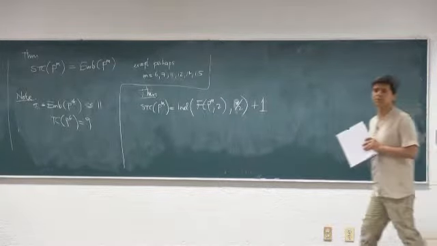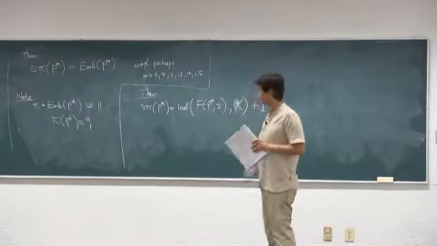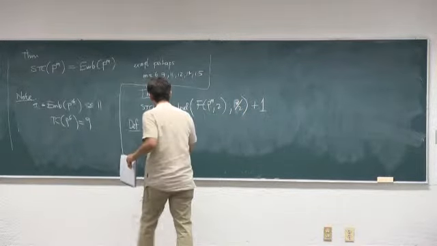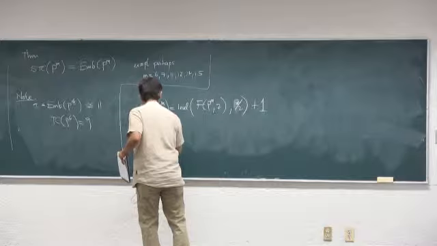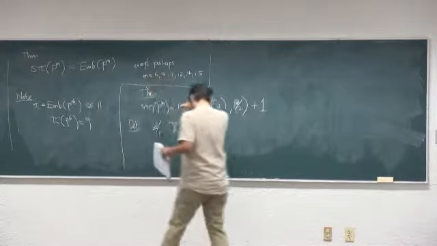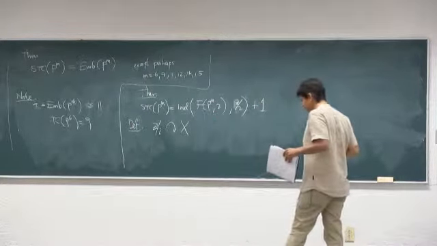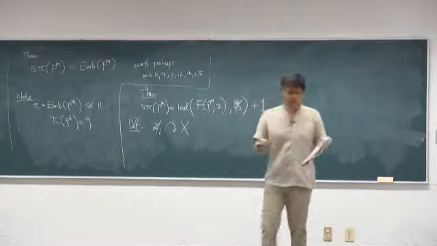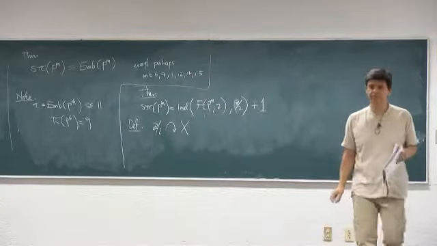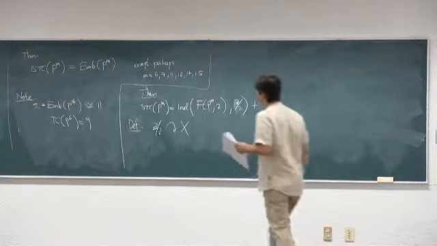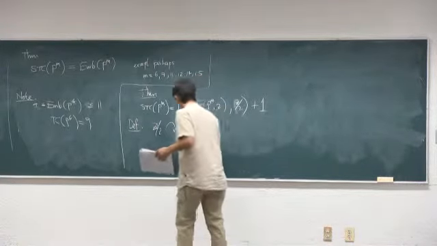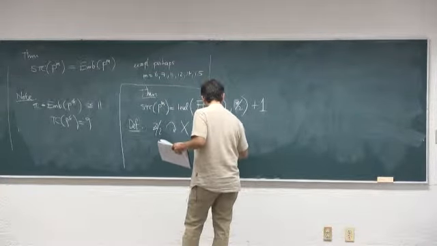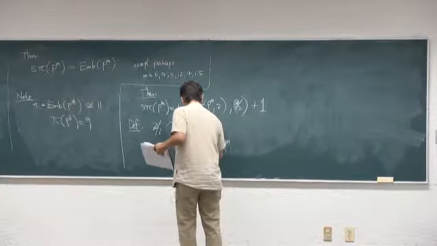So let me just recall what this level thing is. Definition. Suppose, C2, you have an involution on a space X. Suppose this is fixed point free, right? Now, you can ask whether you have a way of mapping X into a sphere in a way that it is C2 equivariant.